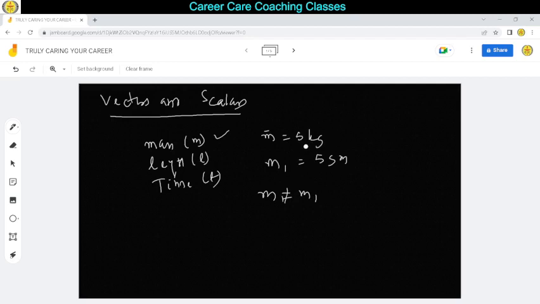Because although the numerical part is equal, the unit part is different. So the two quantities of a specific physical quantity will be equal if the magnitude is the same, meaning the numerical part of the magnitude is the same, and also the unit part is the same.